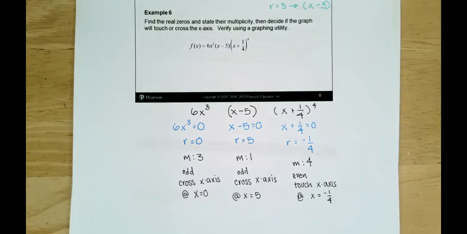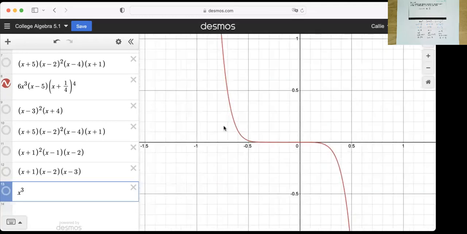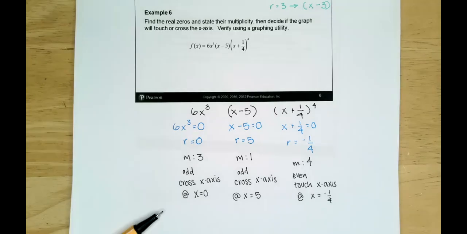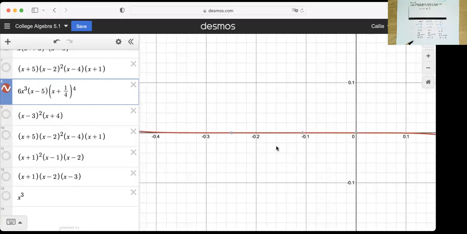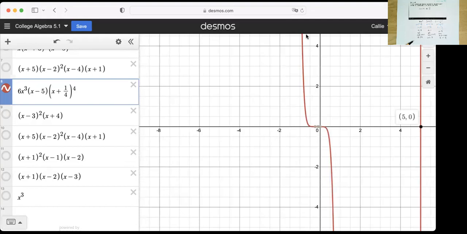Let's verify this using a graphing utility by going to Desmos, putting in 6x to the 3rd times x minus 5 times x plus 1/4 to the 4th. All right, so we see that it will either cross or touch at negative 0.25, at 0, and again at 5.